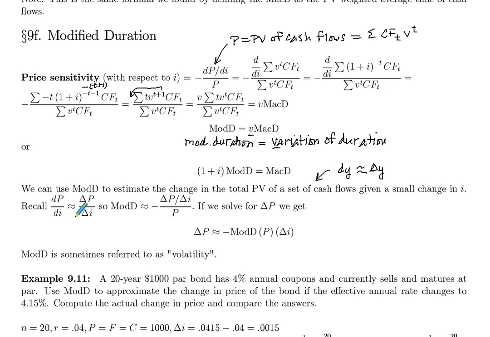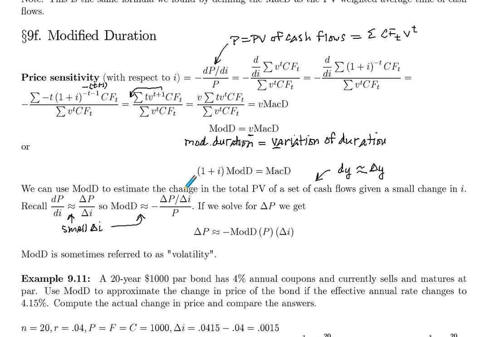Well, these are going to be approximately equal to each other if you have small values of delta i. So what that means is that our modified duration is going to be approximately equal to the negative of change in P over change in i, divided by P, if you've got, again, small changes in i.